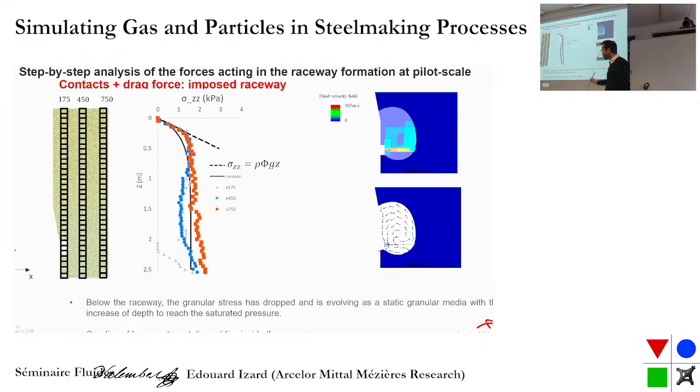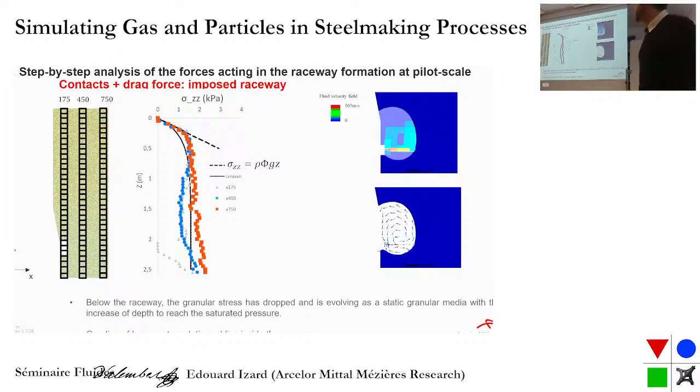The constraints that the particles experience do not follow a granulostatic pressure, but a very limited pressure due to this effect. The other thing that we can notice is about the fluid. So we have 2 counter-rotative flows inside the raceway. So that's what we have observed.